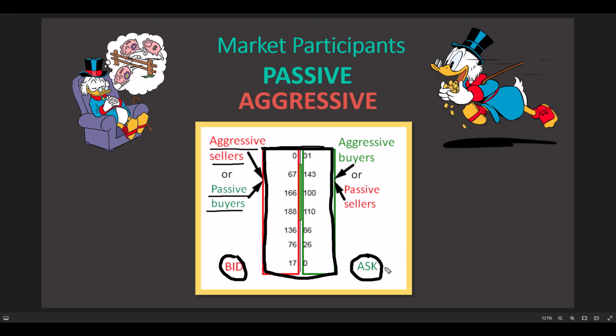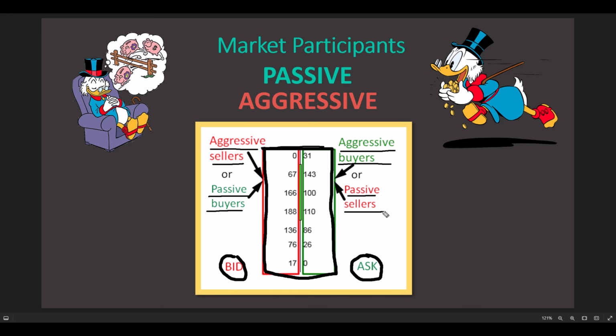On the ask side, there are either aggressive buyers entering with market buy orders, or passive sellers entering with limit sell orders.